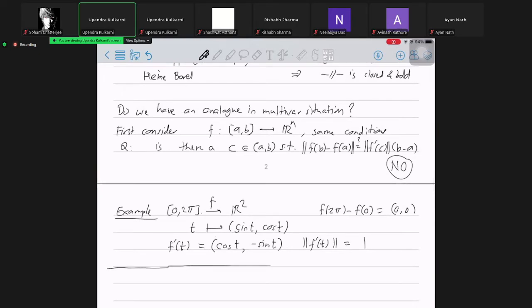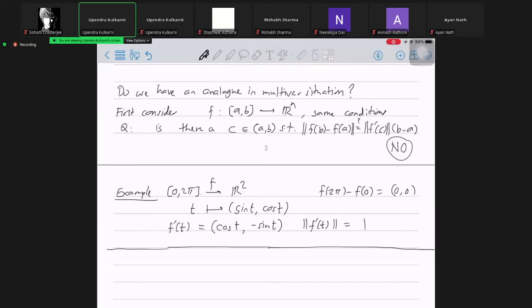So what we have is two versions of the mean value theorem. One is the situation that I just wrote, R to some Rn. And then there is another one, in which case I have a multivariable version on both sides. So let's try to do this. Theorem 1. The hypotheses are, let me write it once again.